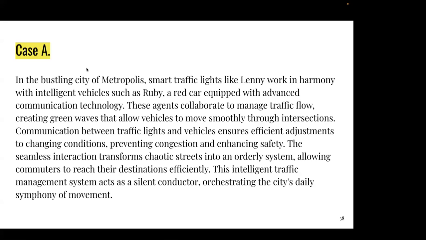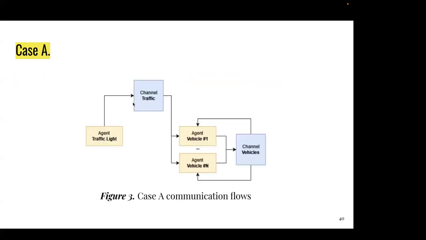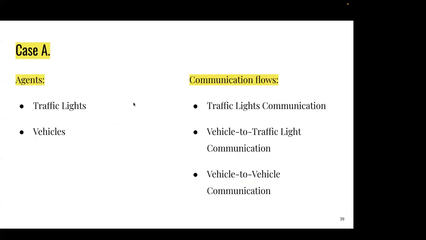Now, if we move on just one click, we have different agents which we can identify in this description, which are traffic lights and vehicles. And then we have different communication flows in this particular example: different traffic lights can communicate with each other.